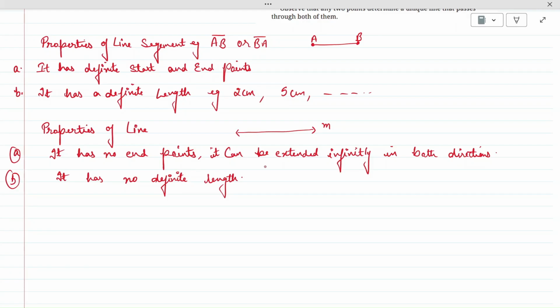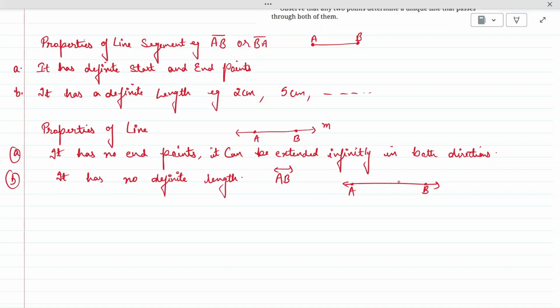Also, if I'm taking 2 points, let's say A and B here, we can also denote it using AB with a line symbol. This means we are making a line which has A and B on it, and it can be extended further.